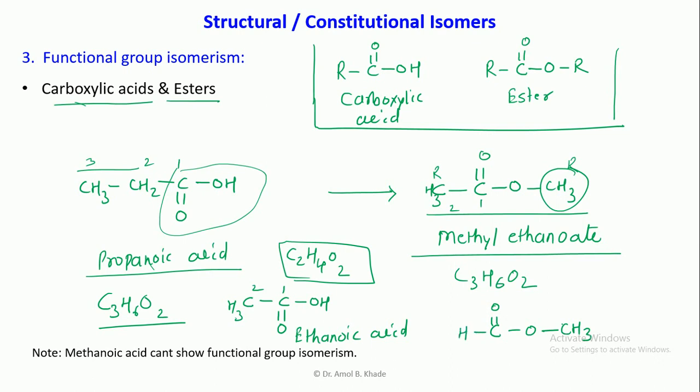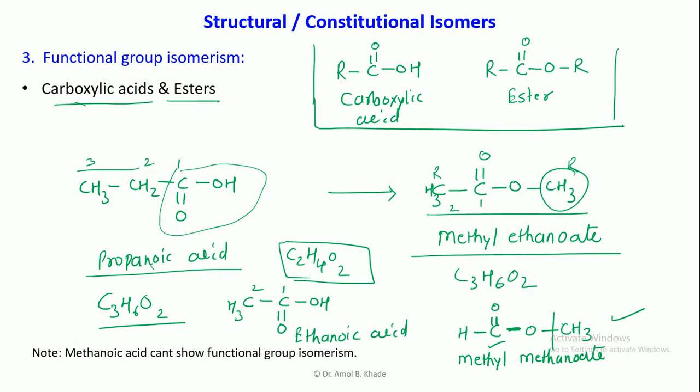Now see the valency of the carbon, 1, then 2, 3 and 4. It is a single bond, so this is correct. So what is the name of this structure? It is methane, and this is a methyl, so I can write this name as methyl methanoate. Methyl methanoate is the correct name for this particular compound.